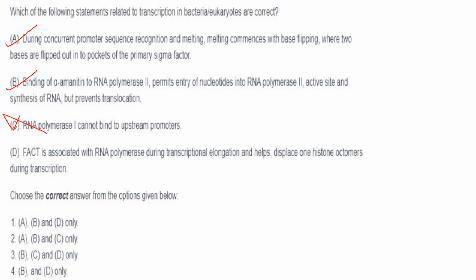FACT is involved in transcriptional elongation and associated with RNA polymerase 2, and it facilitates movement through chromatin by displacing the histone octamers during transcription. The histone H2A, H2B dimers are the ones mainly involved here. So D is also correct. So be thorough with your transcription and translation. A, B, D is the answer. Answer is option 1.